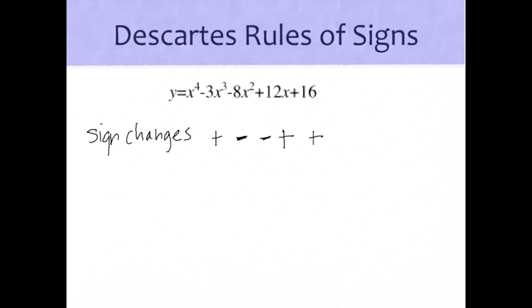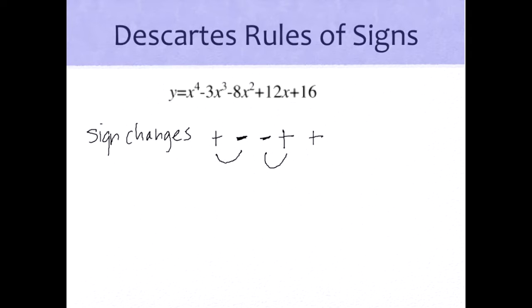All right, let's count the number of sign changes. Here's one, went from positive to negative. That's one sign change. Now to go from negative to negative, that is not a sign change. Here is another sign change to go from negative to positive. But to go from positive to positive, that is not a sign change.